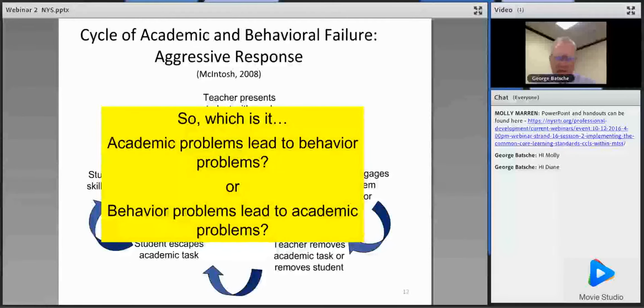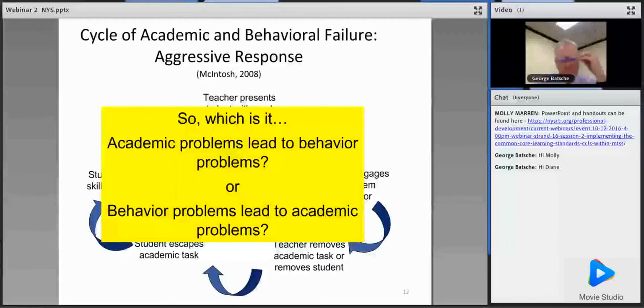So do academic problems lead to behavior problems, or behavior problems lead to academic problems? I had one of my doctoral students who asked that question specifically and investigated it at the elementary, middle, and high school levels. When students had both academic and behavior problems, which do we hit first?